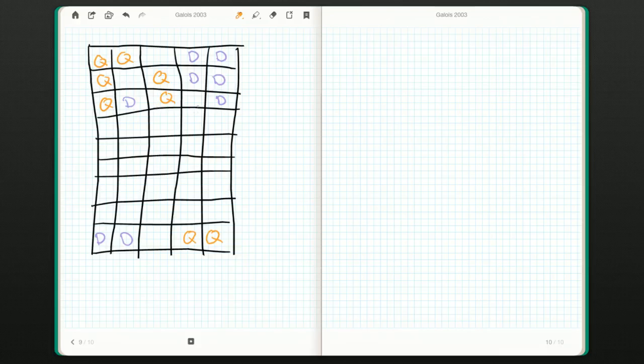So I could shift this quarter over, and then I can either jump that quarter there, but then I'll have 2 quarters in a row, and I can't jump the dime over 2 quarters. Or I could shift this dime over, and then I'd sort of have to jump it with the quarter. Let's try that.